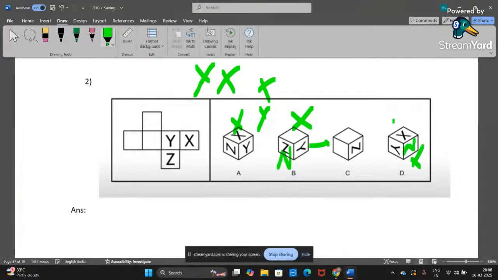So this is not the option, this is the right option. Because when we fold, we'll get the cube like this. You can cut the paper like this and you can mark the faces and you can find this will be the answer.